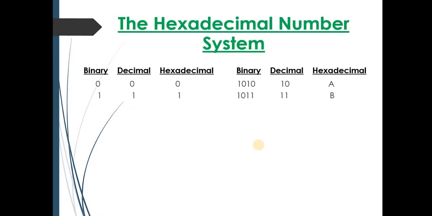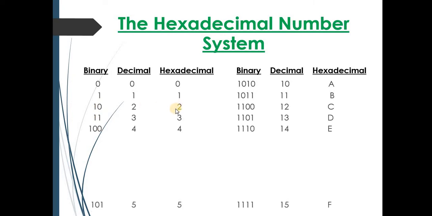So here, look, we have a table. In binary we represent 0 with 0, decimal again 0, hexadecimal also represented by 0. In binary, 1 is represented by 1, decimal 1 and hexa 1. But when it comes to 2, in decimal the number 2 is shown in binary like 10, but in hexa it's 2.